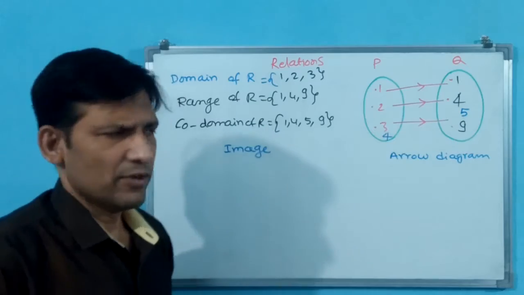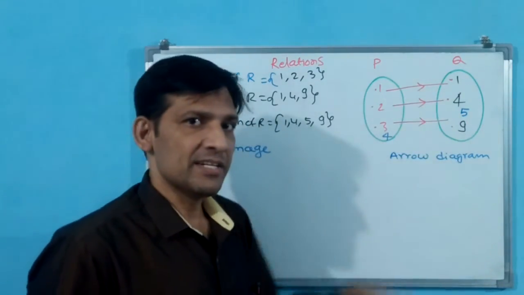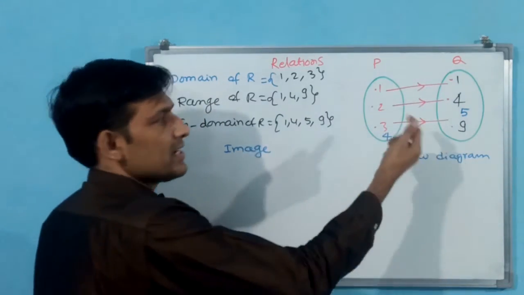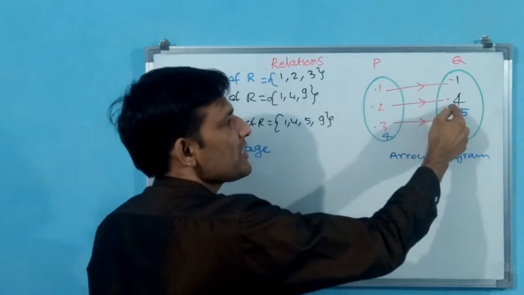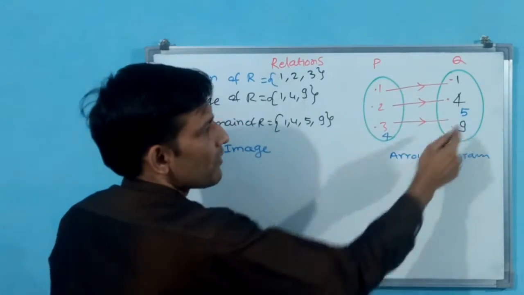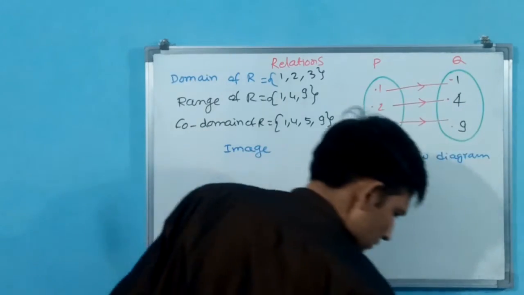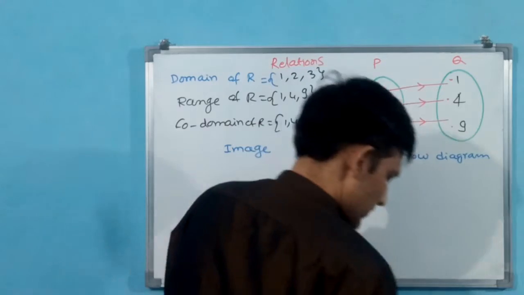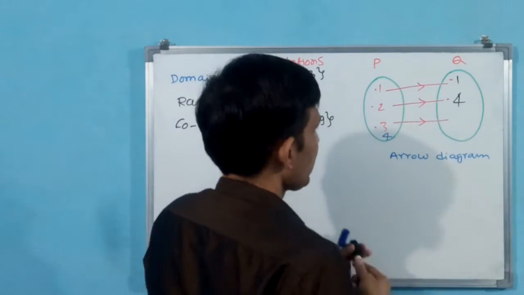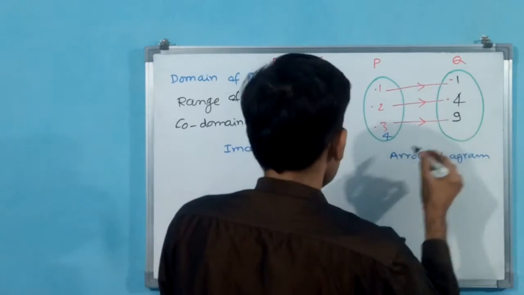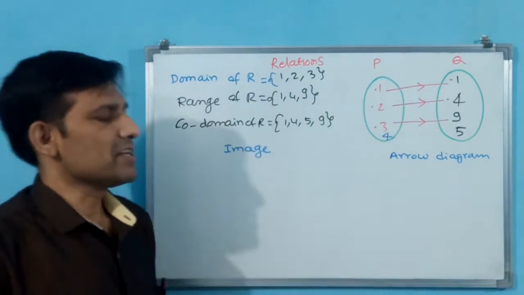Image is an element in the range which is having a relation with an element of A. That means here 4 is the image of 2. 3 is having a relation to 9 only, and 5 is down. 5 doesn't have any relation.